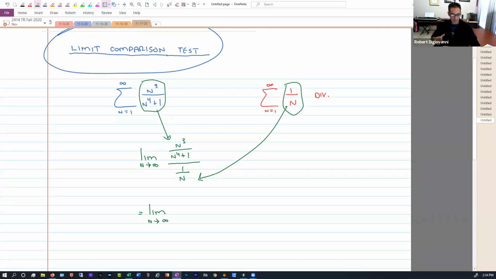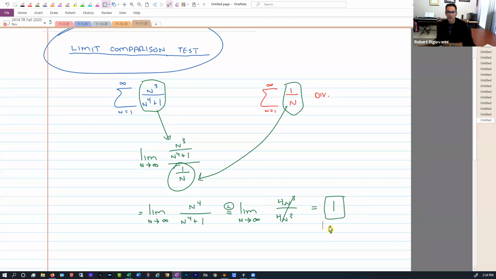So I just flip it: this 1 over n, I flip it up top, and that becomes n to the fourth plus 1. Now when we do this limit, we get infinity over infinity. So I'll just do L'Hopital one time. When I do L'Hopital, I get 4n cubed over 4n cubed, and those just go away and become a 1.